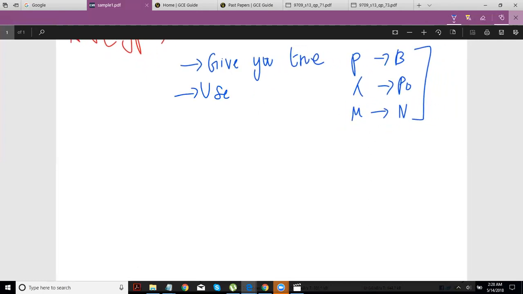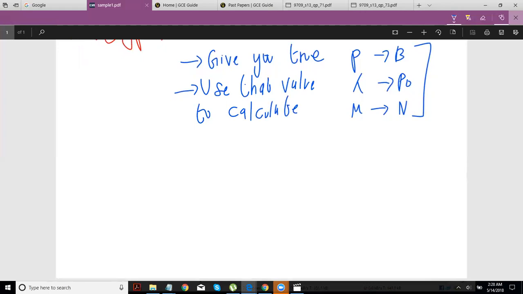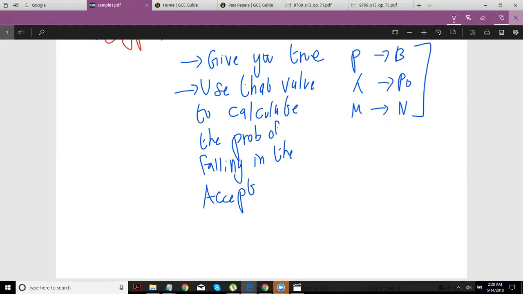You use that value to calculate the probability of falling in the acceptance region, which is basically just not falling in the rejection region.